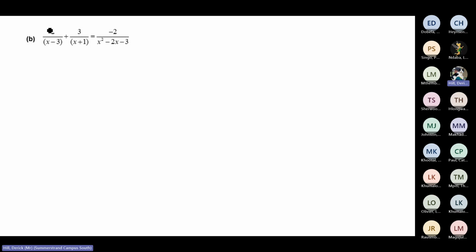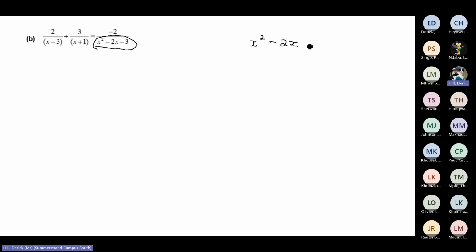All right, so we've got 2 over x minus 3 plus 3 over x plus 1, and that equals minus 2 over x squared minus 2x minus 3. Now, I'm sure we can already guess what is going to happen with this x squared minus 2x minus 3. And if you guessed factorization, you are right on the money.